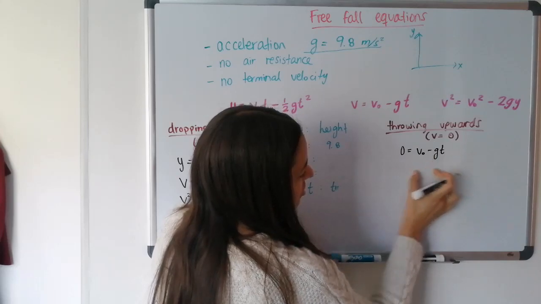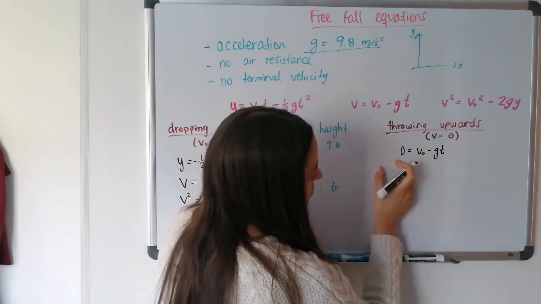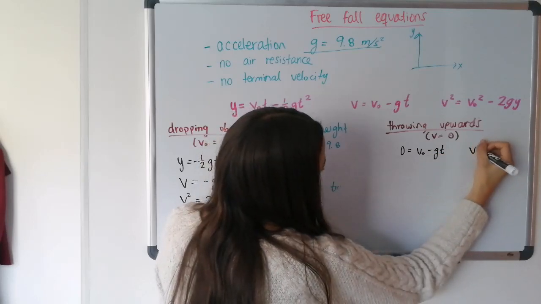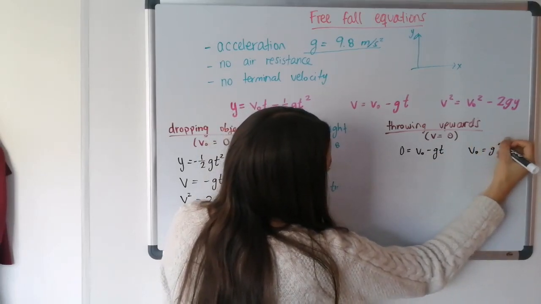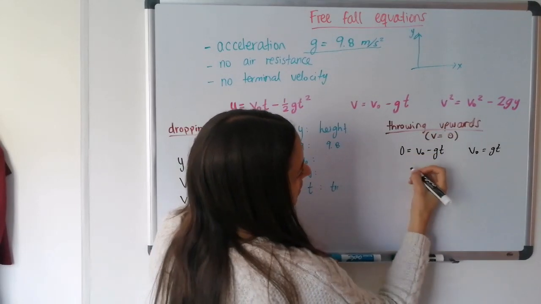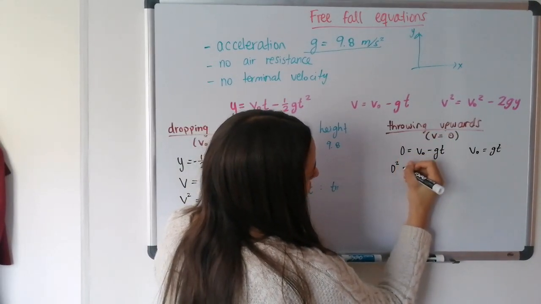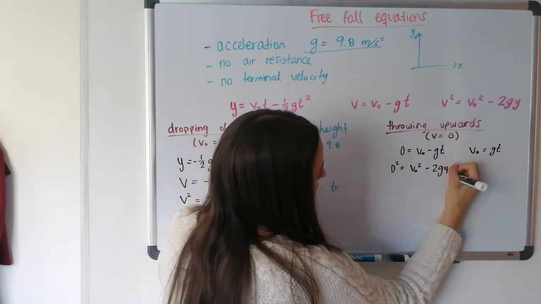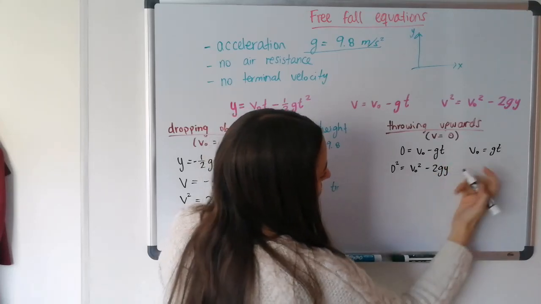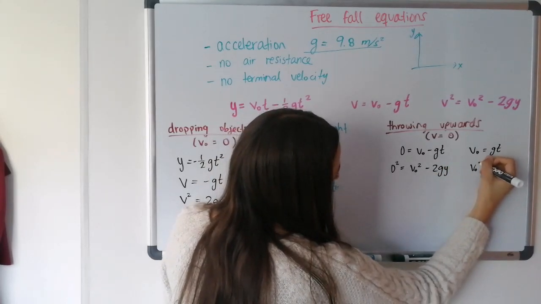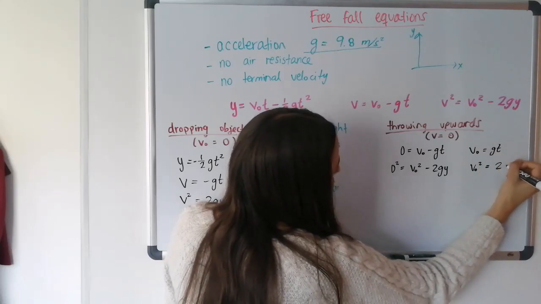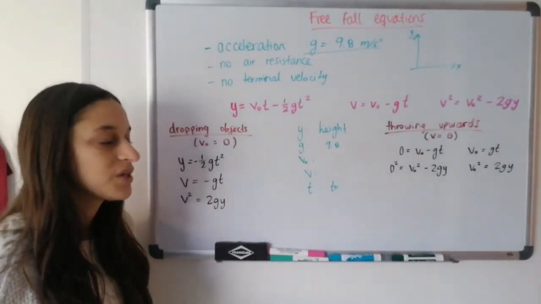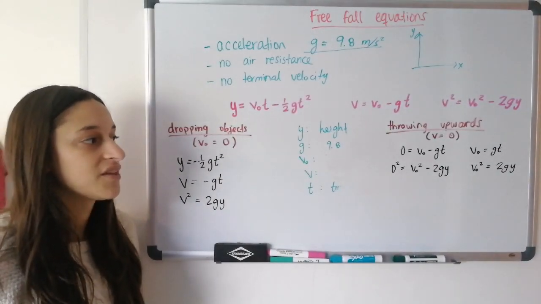And if I pass the minus gt to the other side, the negative cancels out, so we're going to get v0 equals gt. And for this one, we have 0 squared, which is 0, equals v0 squared minus 2gy. We do the same thing, pass it to the other side, and we get v0 squared equals 2gy. So these are our two equations for throwing things upwards.